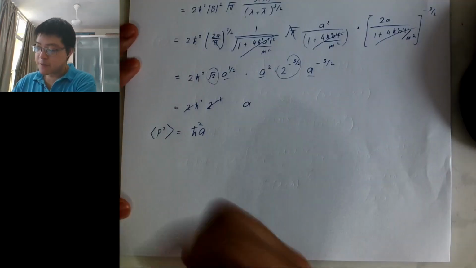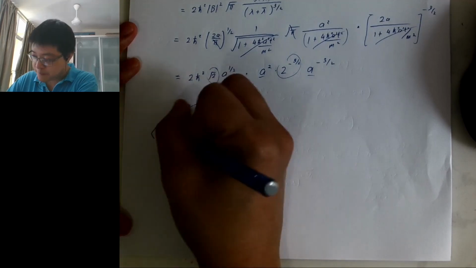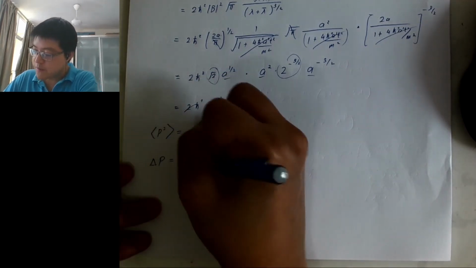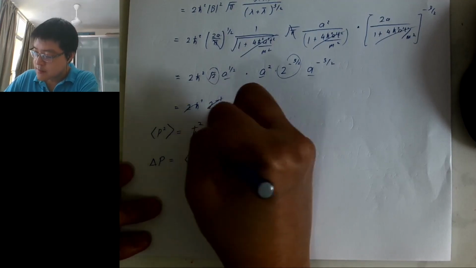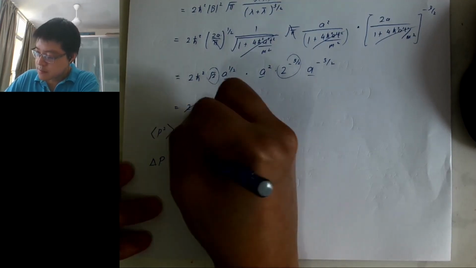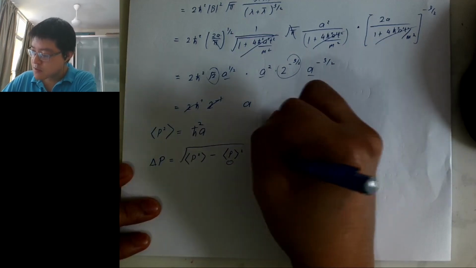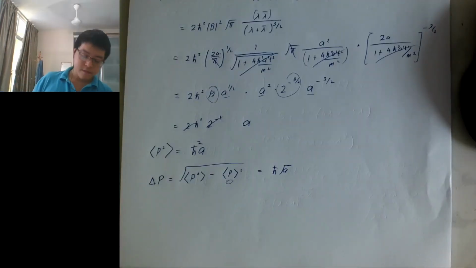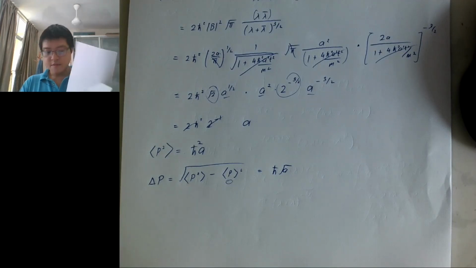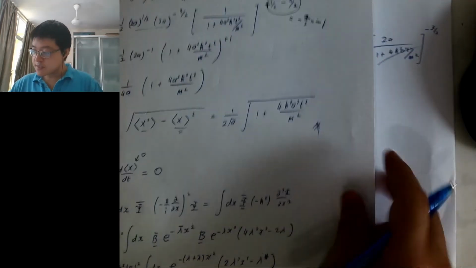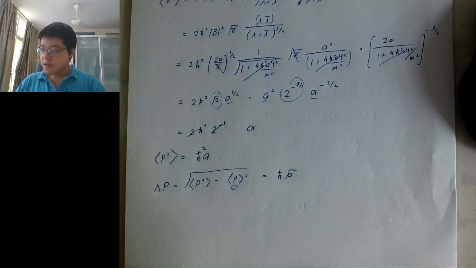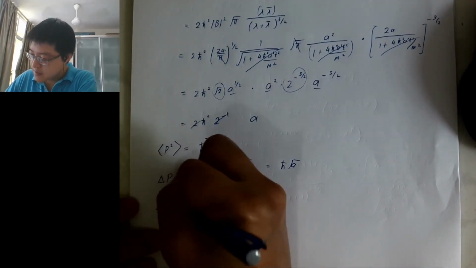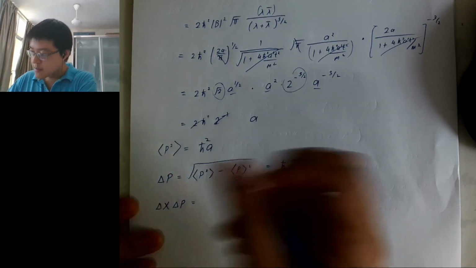But anyway, we have found the uncertainty of p, the expectation of p squared. So therefore the uncertainty of momentum is this thing. But this part is 0, so the answer is just h bar root a. Okay, so it's a constant, right? And the uncertainty in x was this thing, so therefore the uncertainty principle is delta x, delta p, right?